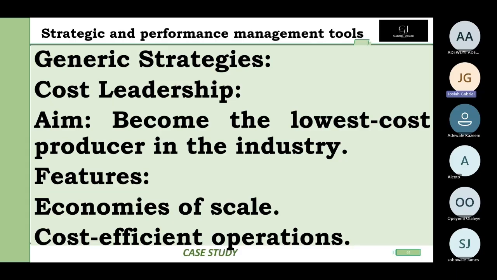Then after differentiation, you could say they could focus on either of these two. Focus means they are providing products and services to a particular demography or population, and they could be cost leadership focused or differentiation focused. You need to explain the three in line with the case and let the board, your audience, your client, decide. So in answering your follow-up question succinctly, please discuss the three of them in the analytical box, which is the third box.